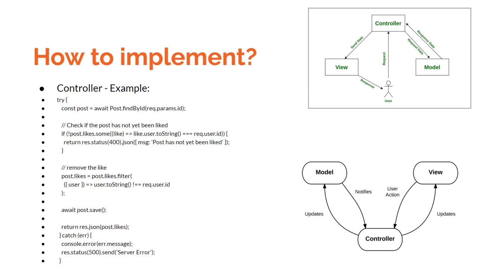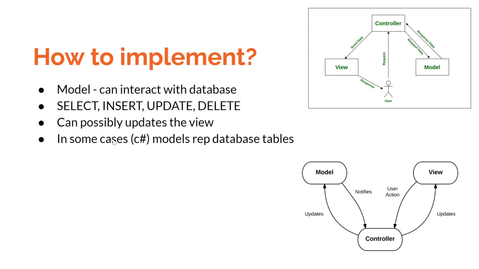All you're saying is, hey, we want to try this code, and if there's an error, we want to catch that error and present it to the user in a certain way. So you see here, you've got try catch, you've got an await keyword, which lets you know it's asynchronous. You've got if statements. So let me continue.